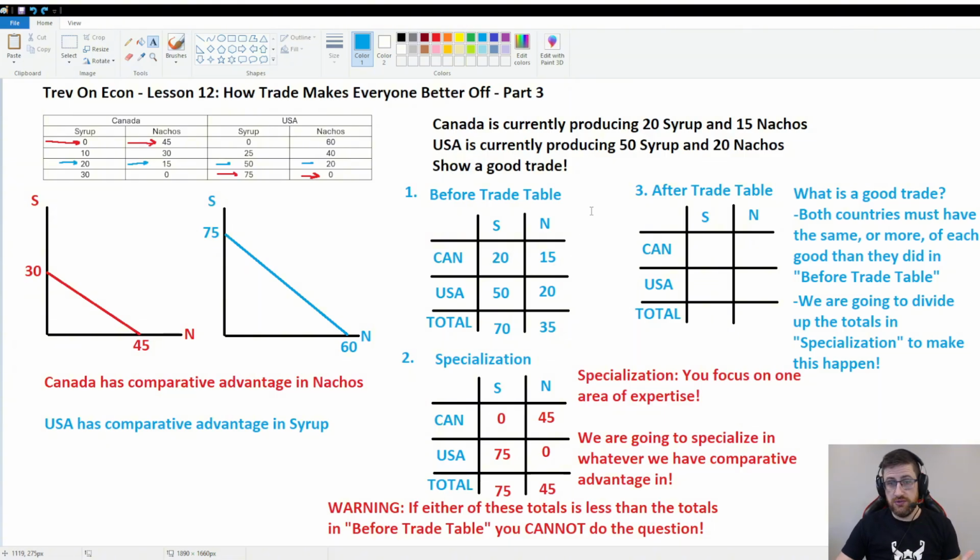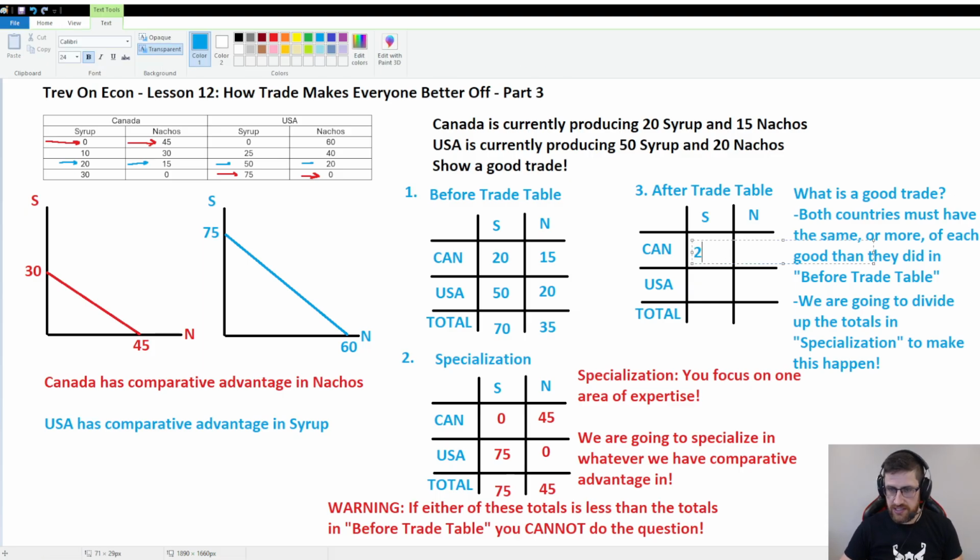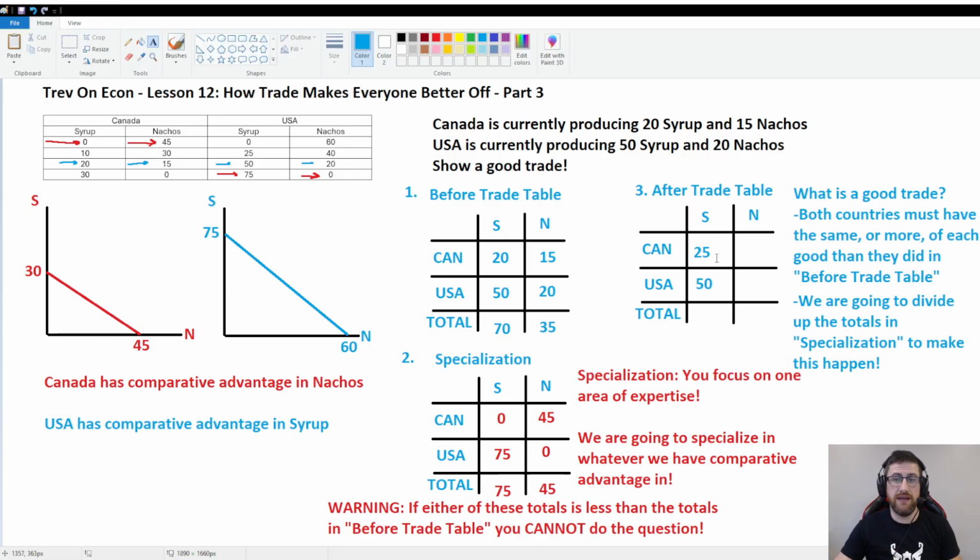So we just have to try different combinations. It's not that tricky once you get the rule in your head. For example, I could go 25 and 50. This is perfectly fine, because A, it adds up to 75, which is good.